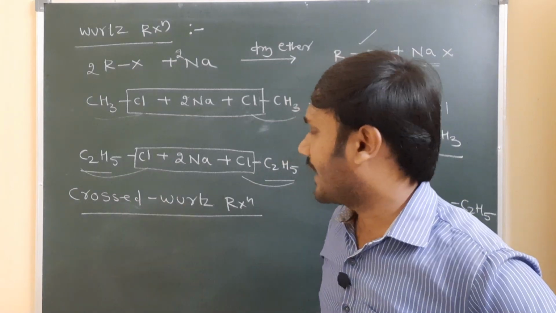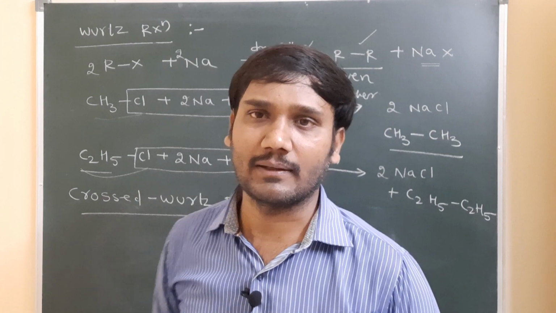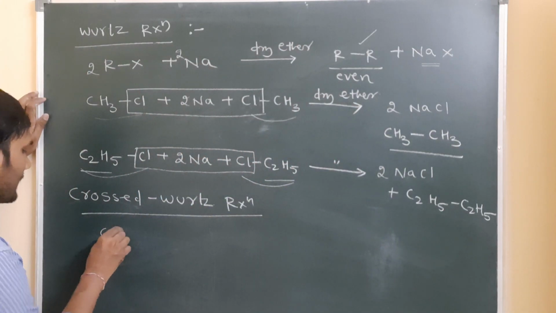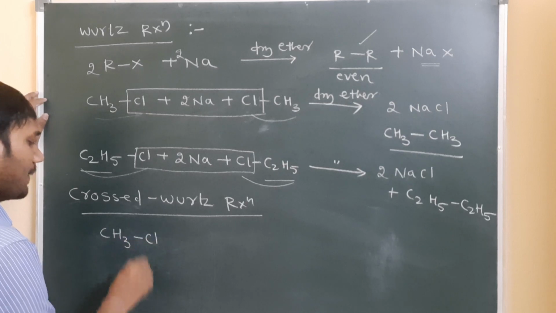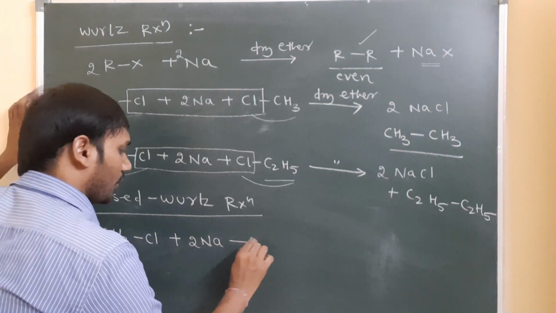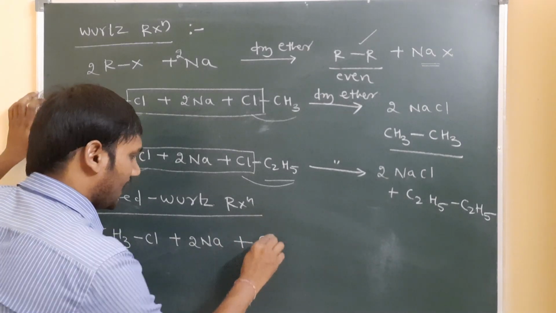Then the crossed Wurtz reaction is nothing but 2 different alkyl halides reacting with each other. For example, I am taking methyl chloride. It is reacting with 2 atoms of sodium and 1 mole of the other alkyl halide, ethyl chloride.